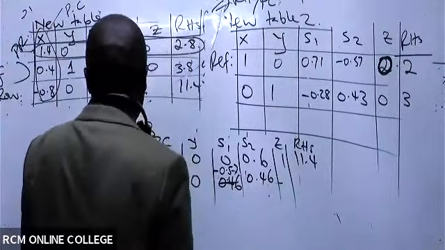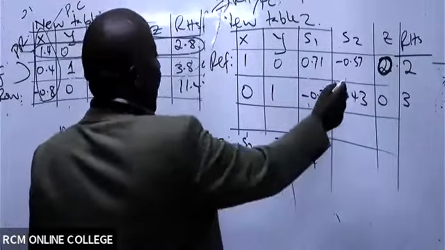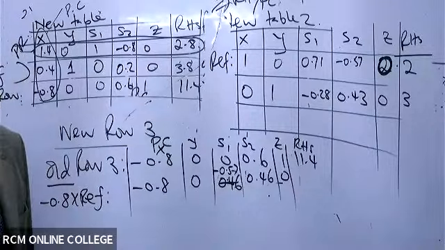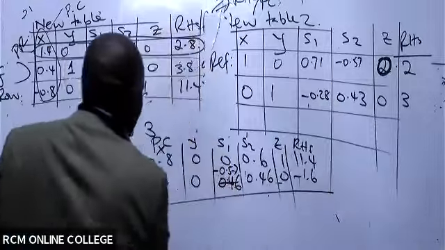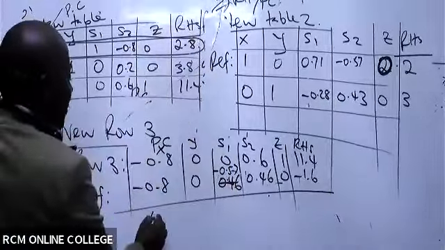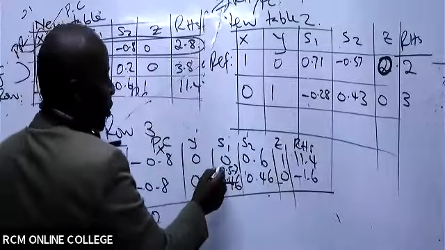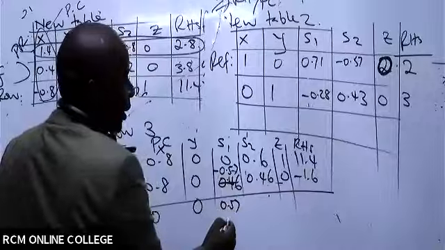And then we have 0.8 by that 0, and minus 0.8 by that 2 gives minus 1.6. So please go ahead and subtract. This becomes 0, so this will be 0 minus this, which will be 0.57.